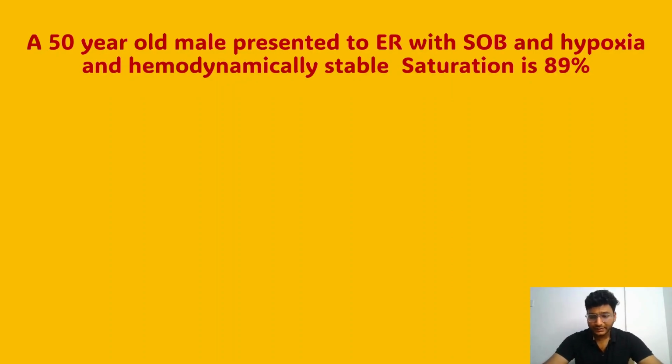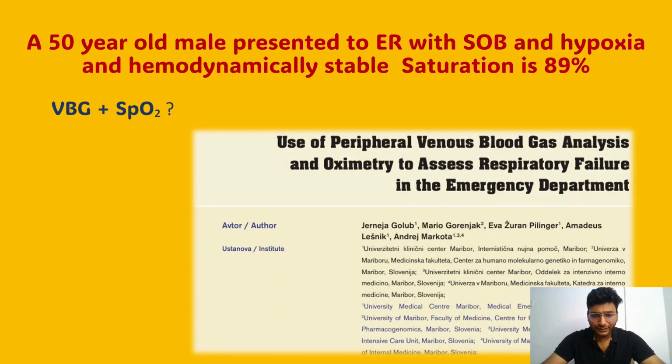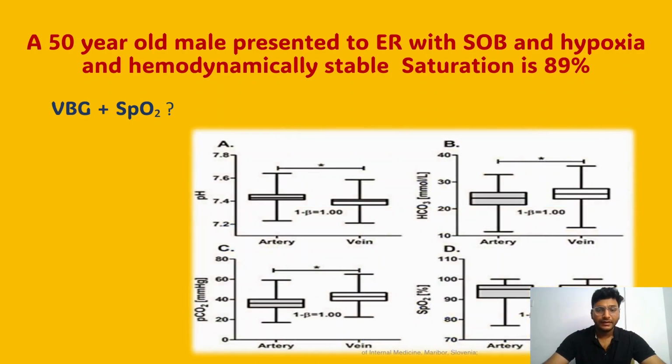There are several studies where they compared VBG with pulse oximetry saturation, and this is a recent study in 2023. They have shown that if you look at the SaO2 in the arterial blood and the pulse oximetry oxygen saturation, they have a similar interquartile range, there is not much difference, and they are very accurate.